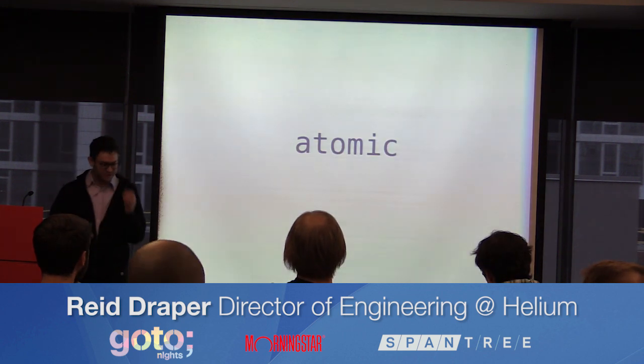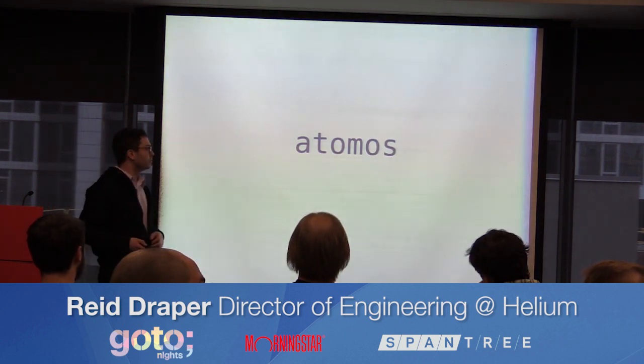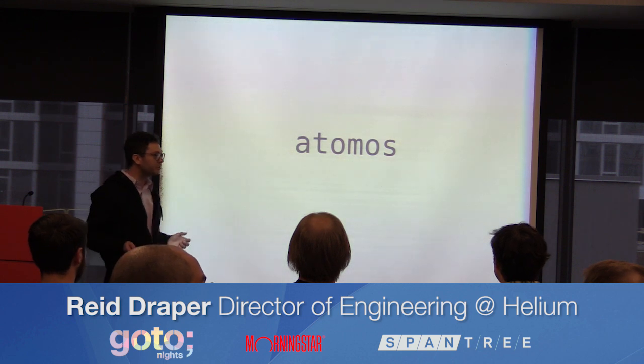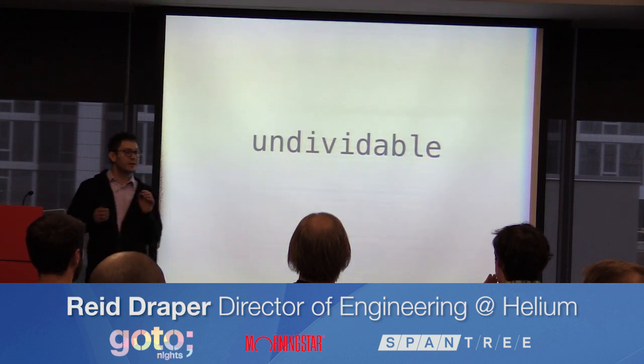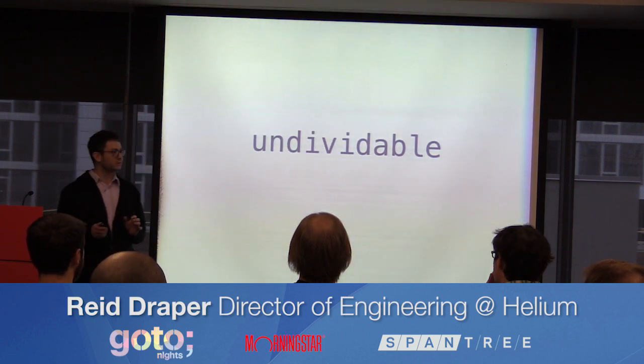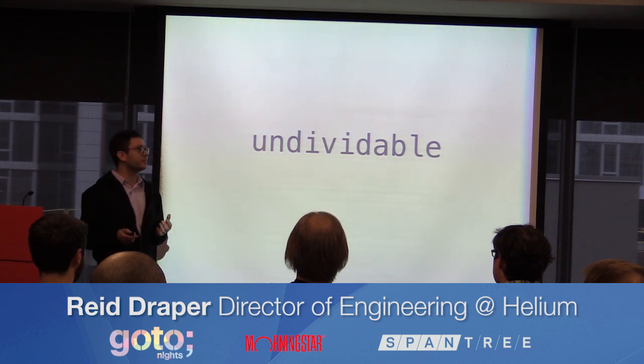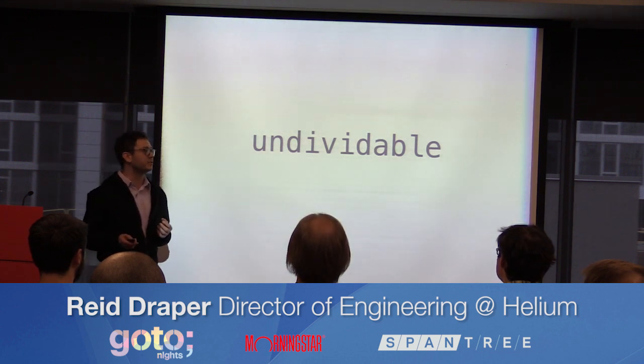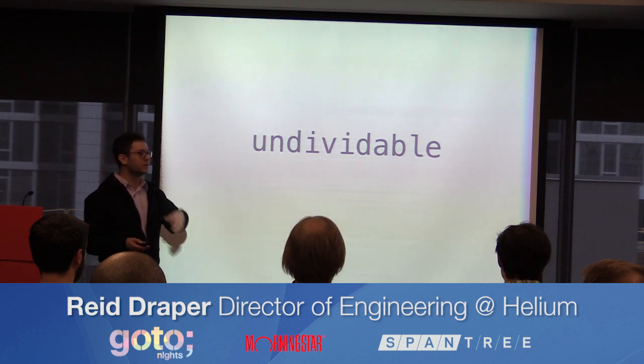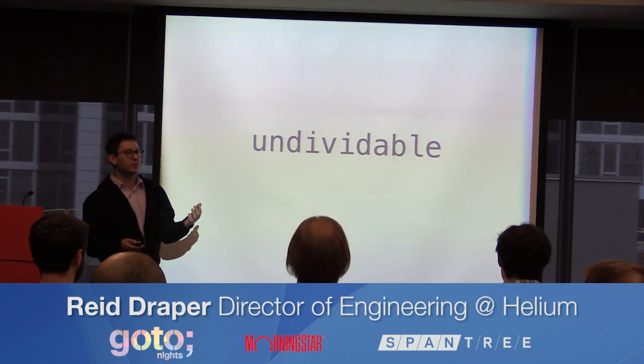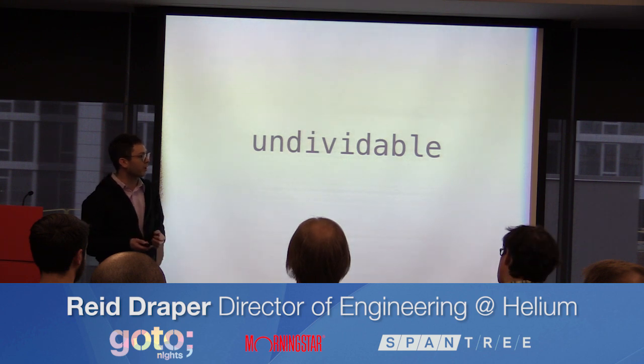It breaks down into atomic, which comes from the Greek word atomos, which means undividable. And so a transaction is something that cannot be divided into further components. The entire transaction is either going to complete successfully or roll back and not complete at all.